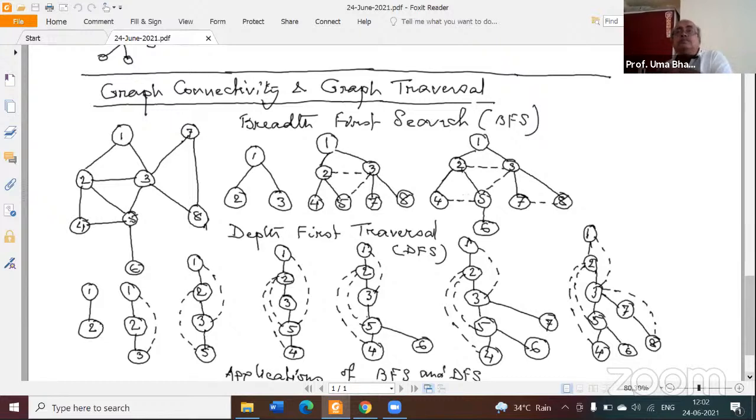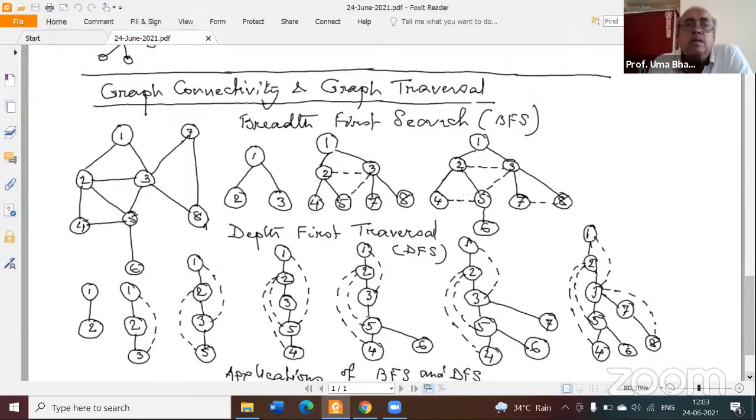So, how do I move? Listen to me. I'm again saying, listen to me very carefully. I'm discussing BFS, breadth first search. I start with node 1. This is level 0. Then, what are its nearest neighbors?